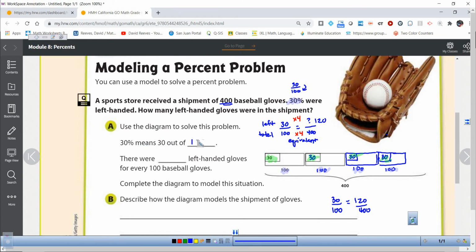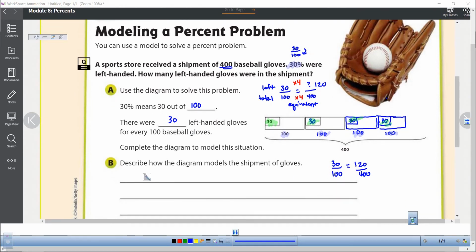So let's go back and fill in some of this. 30% means 30 out of 100. There were 30 left-handed gloves for every 100 baseball gloves. So there were 30 times 4, or 120 left-handed baseball gloves in the shipment.